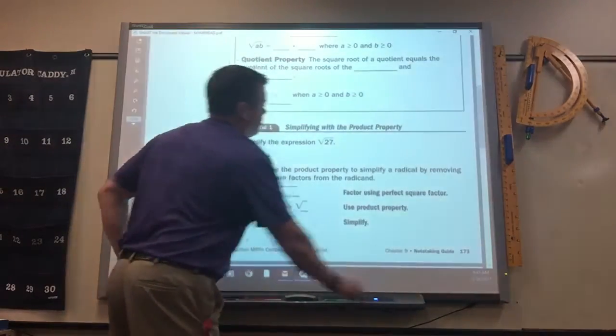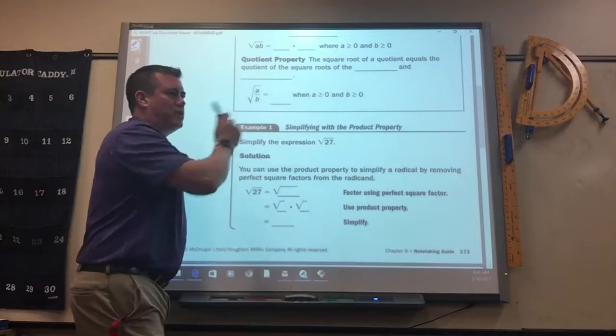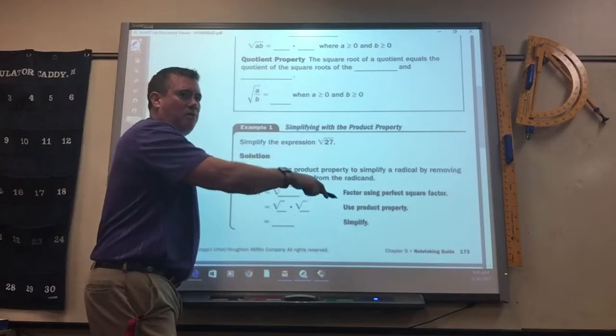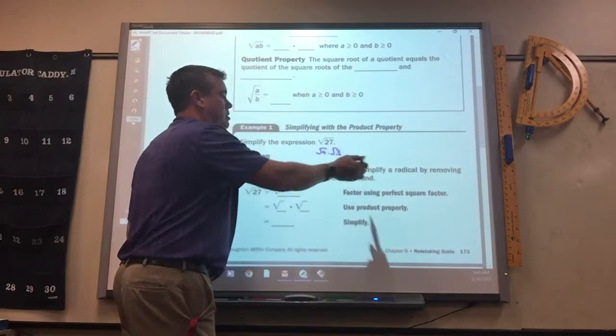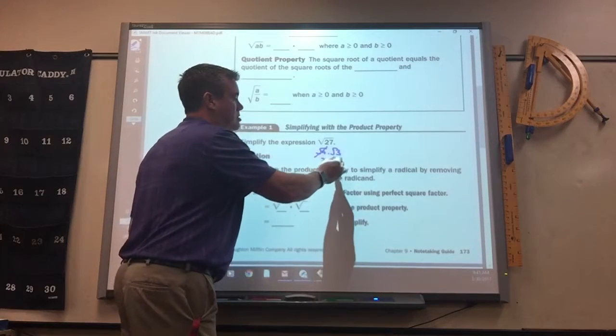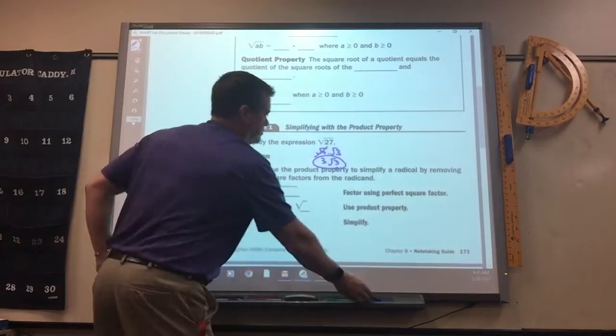So, just a few more of these. Square root of 27. What perfect square goes into it? 9 times 3. So it makes 3 square roots of 3.